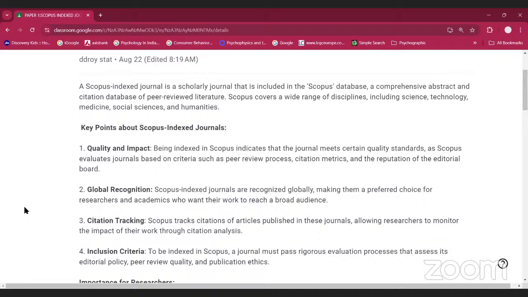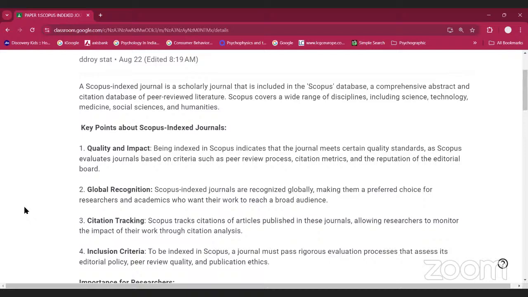Number 2, global recognition. Scopus indexed journals are recognized globally, making them a preferred choice for researchers and academics who want their work to reach a broad audience. Number 3, citation tracking. Scopus tracks citations of articles published in these journals, allowing researchers to monitor the impact of their work through citation analysis. Inclusion criteria.